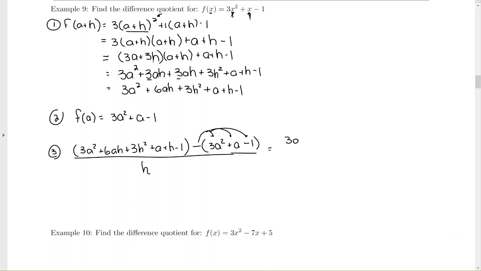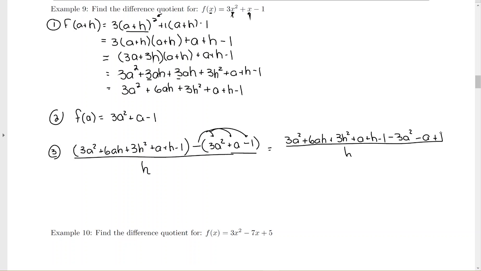So we've got 3a squared plus 6ah plus 3h squared plus a plus h minus 1, and then minus 3a squared minus a plus 1, all divided by h.